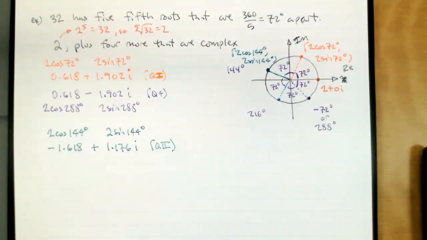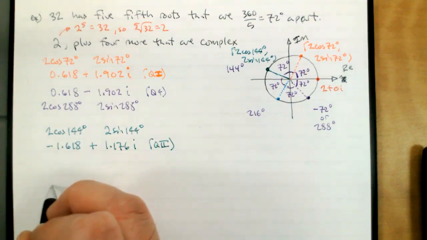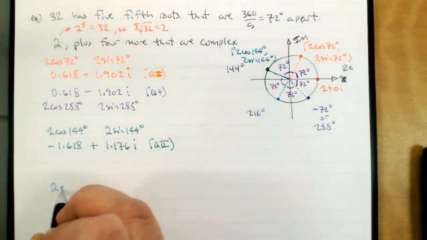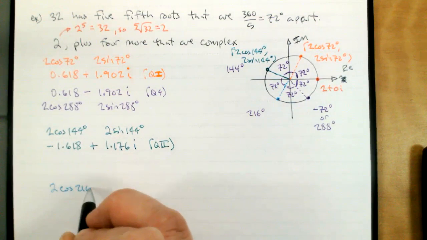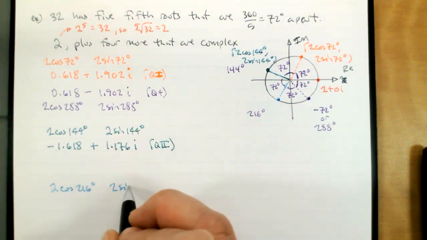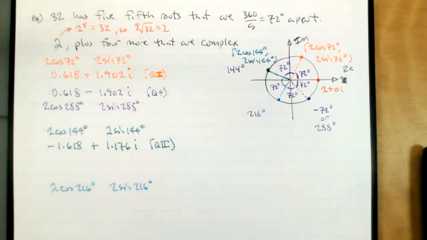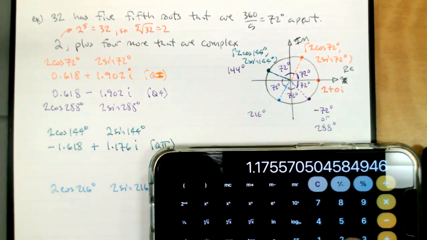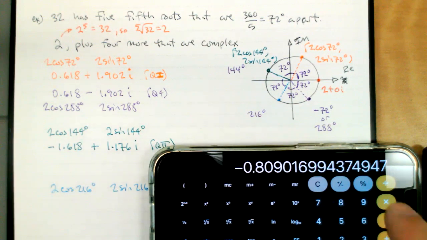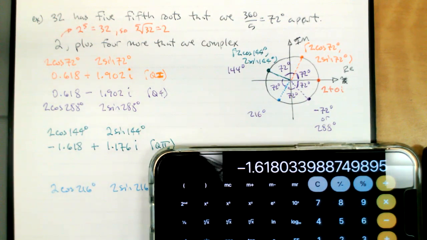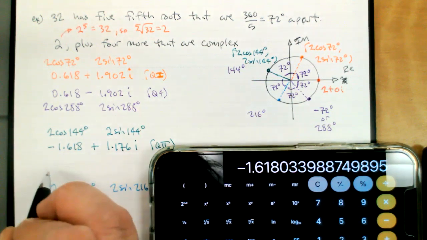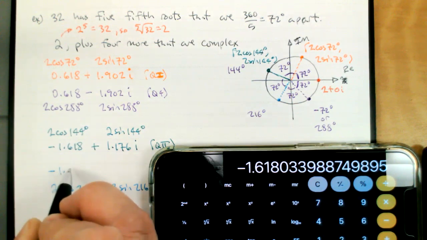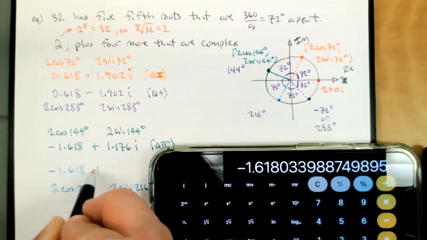And then for the fifth root that we have in quadrant 3, that will be at 2 times the cosine of 216 and 2 times the sine of 216. And we get some possibly suspicious looking results.